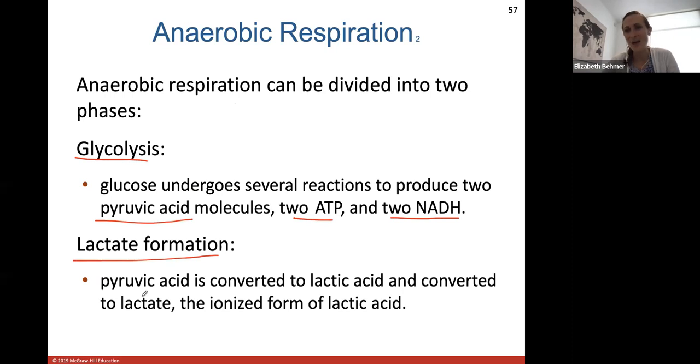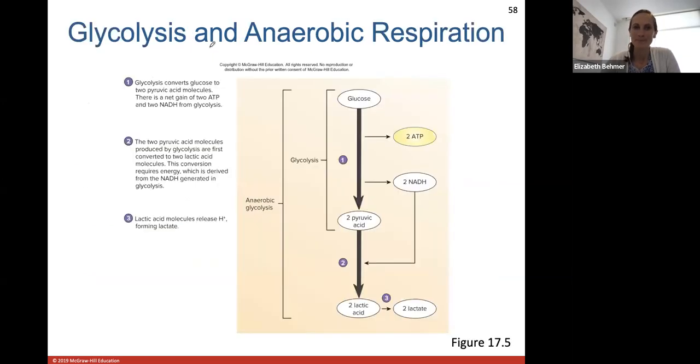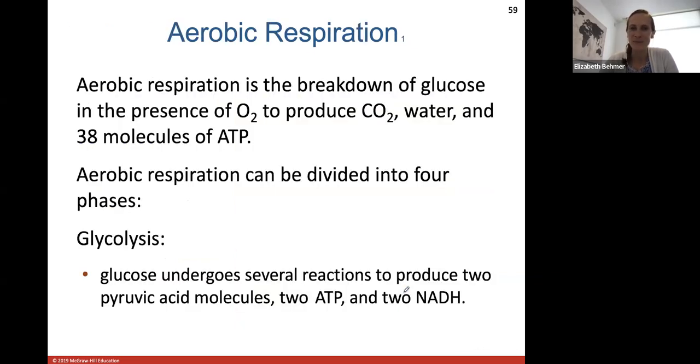And that occurs again in the absence of oxygen. Absence of oxygen means anaerobic respiration. So here's glycolysis and anaerobic respiration. So glycolysis producing the 2 ATP, the 2 NADH, and again with lactic acid forming the 2 lactate. And again, this happens anaerobically in the absence of oxygen.